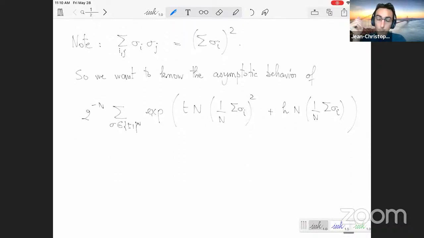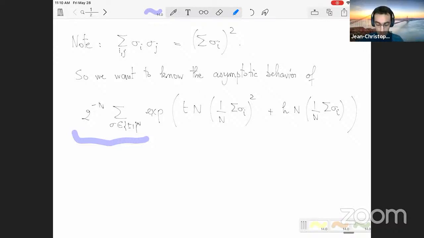Okay, and what I want to try to reveal here is that you should think of this as being an expectation with respect to Bernoulli. Instead of writing 2 to the minus n sum over sigma, I could just write expectation with respect to the product Bernoulli measure.